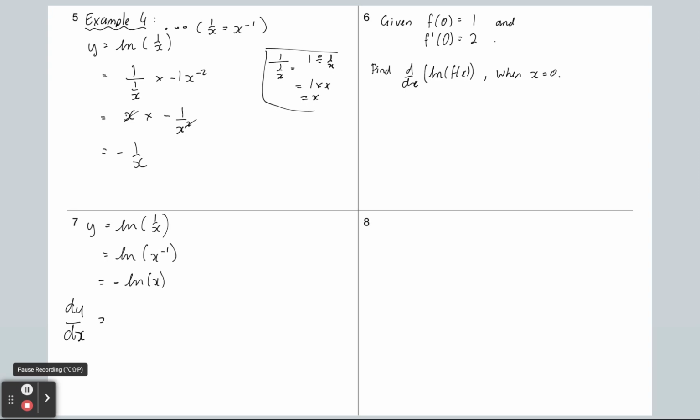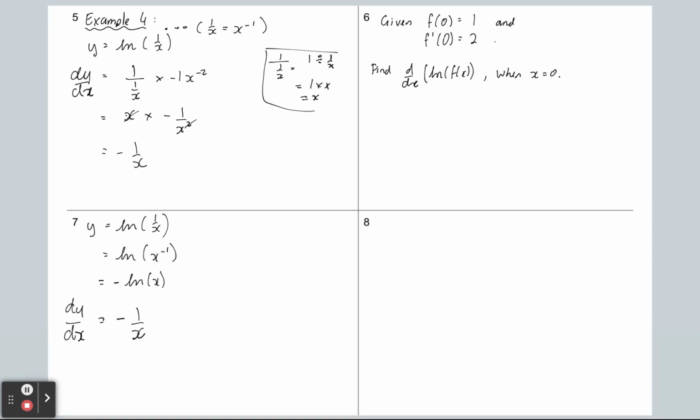I'm terrible for not writing it down, aren't I? I should have written it here as well. And then I can write the derivative as negative, and I know what ln x is, it's 1 on x. So that would have been a tidier, less complicated way of doing it. So wherever we can, we will try to make our work as efficient as possible by thinking about how I can prepare my problem before I go about doing it.